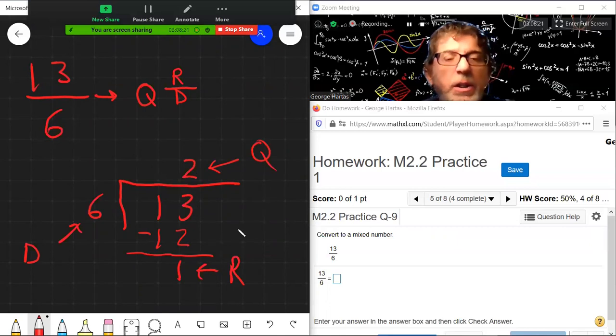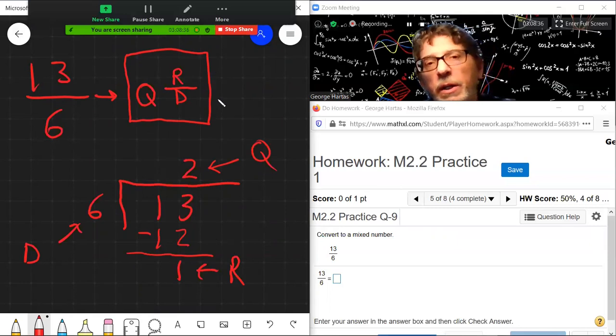But the question is, how do we put this into this format? And here it is. This is the template you're going to follow. QRD. Get that in your brain. Quotient, remainder, over, divisor.